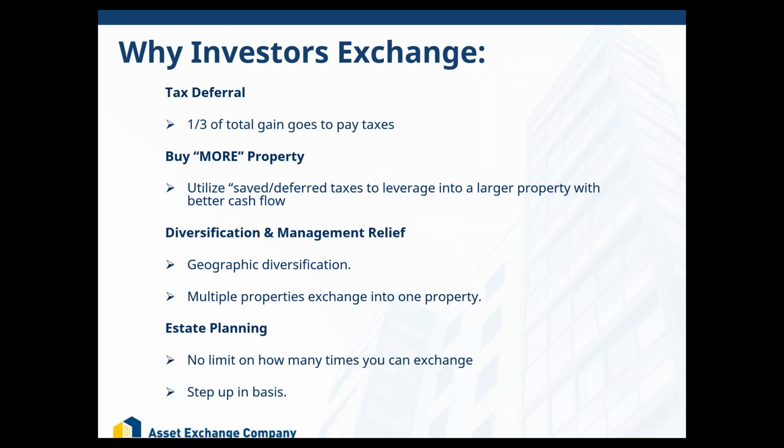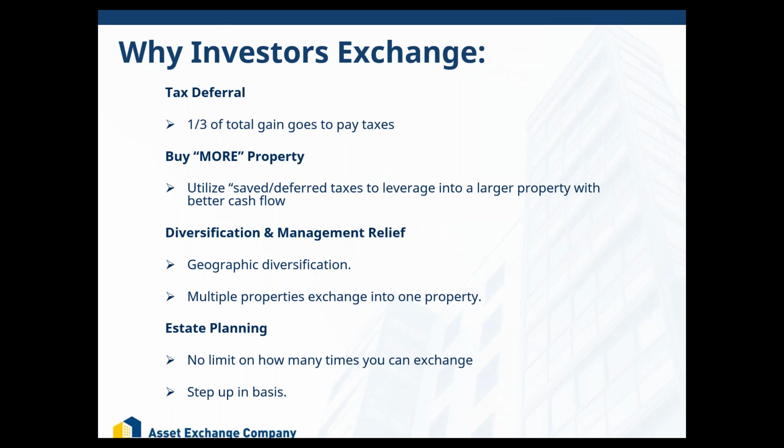Well, next bullet item, I call it buy more property. So with exchanging, one of the rules is the purchase price of the replacement property you purchase in a 1031 exchange must be at least equal to, or it can even be greater than, whatever the sales price was on the property that was sold, the relinquished property.